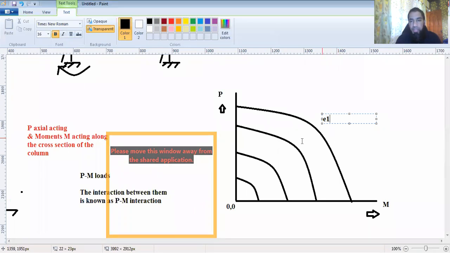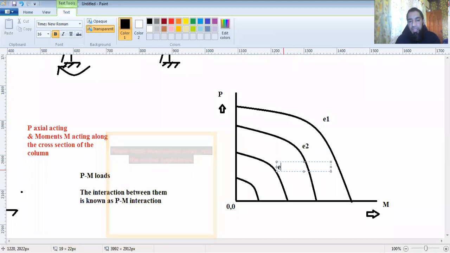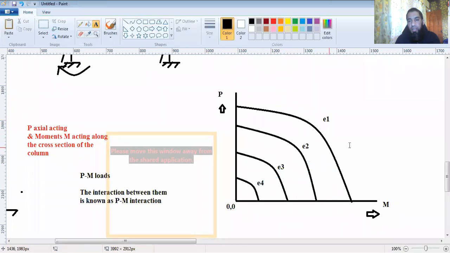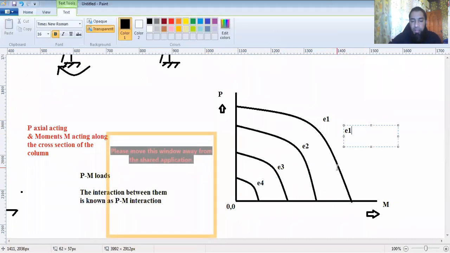So, for example, if this is E1, this is a curve for E1, this is curve for E2, E is eccentricity, E3, this is curve for E4. Here, E1 is greater than E2, is greater than E3, is greater than E4.